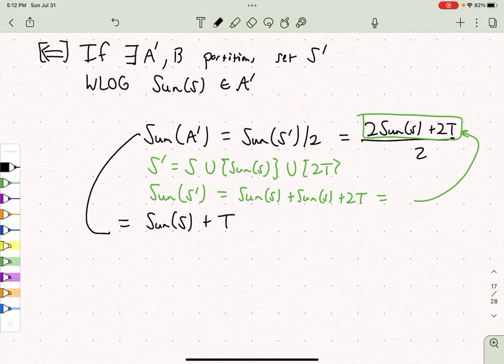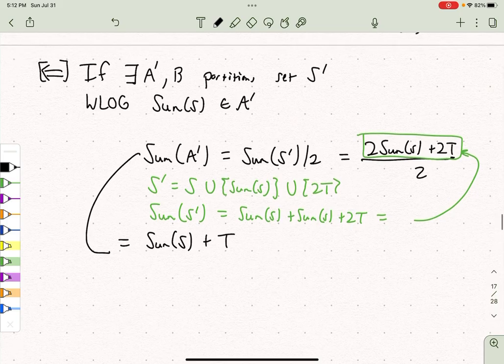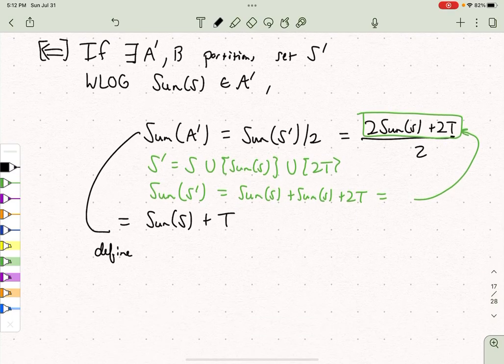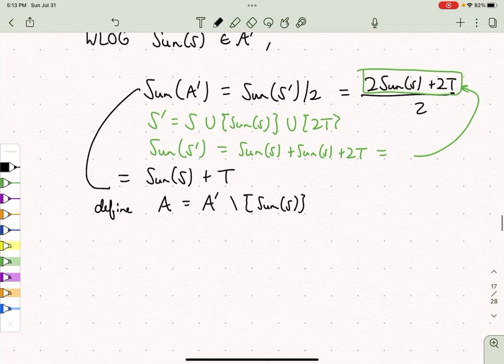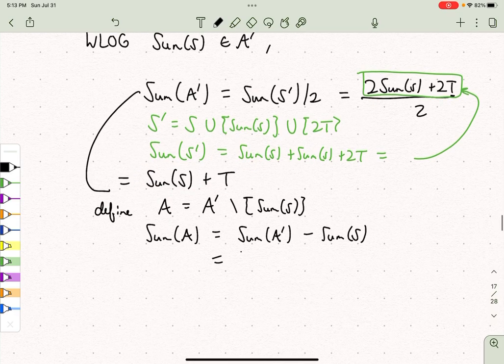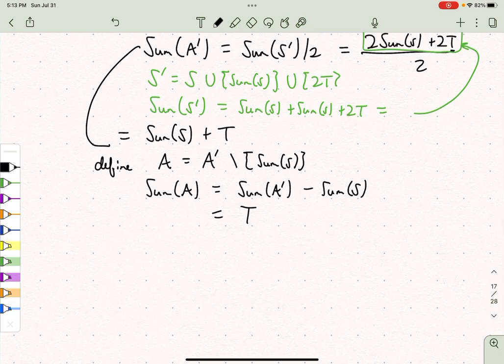Well, we're going to define A to be A prime without the element sum of S. So we know the sum of A is exactly equal to the sum of A prime minus the sum of S. But remember, the sum of A prime is exactly sum of S plus t. And so that's exactly equal to t.